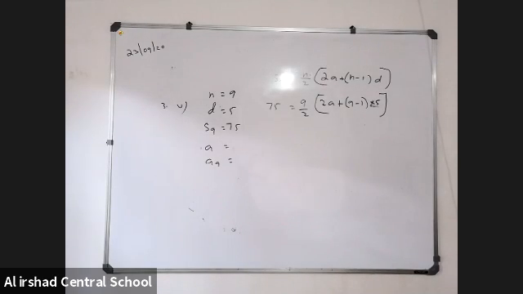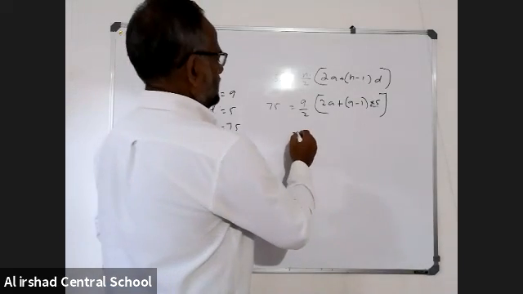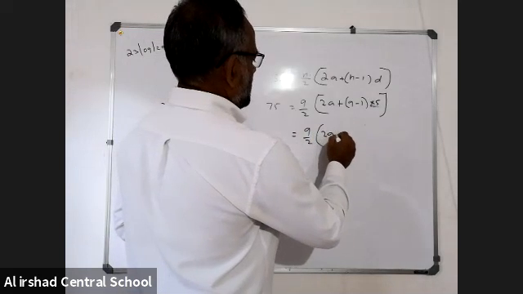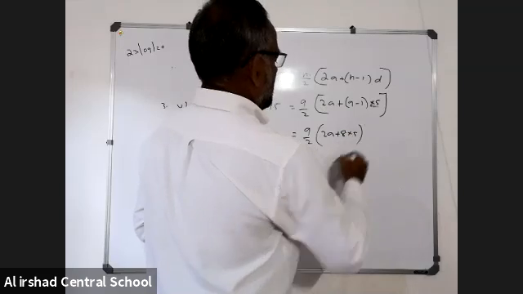Here a is a rational number, so we are getting a rational number. Calculation: 9 by 2 into 2a plus 8 into 5.